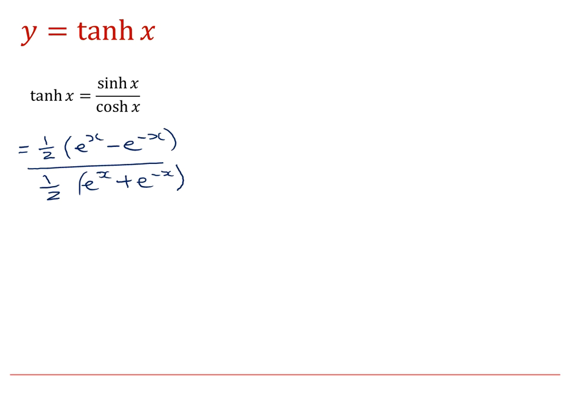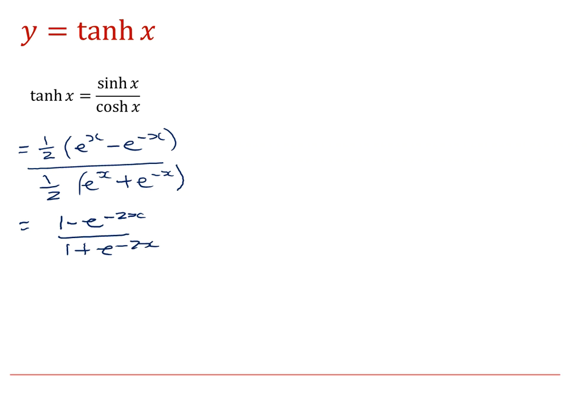If we multiply up through by 2 and then by e to the minus x, this would give us (1 minus e to the minus 2x) over (1 plus e to the minus 2x).